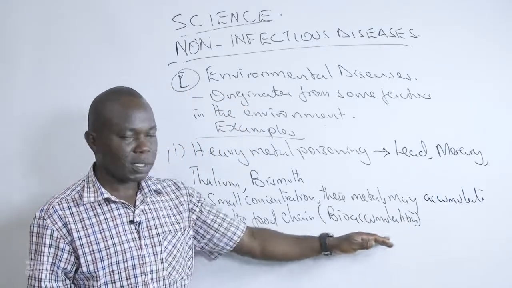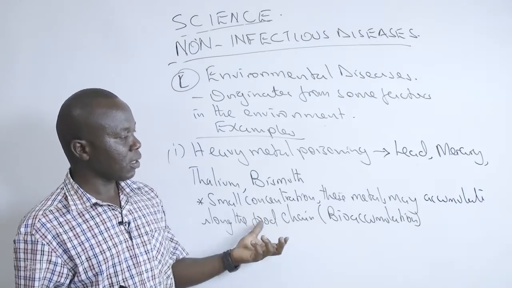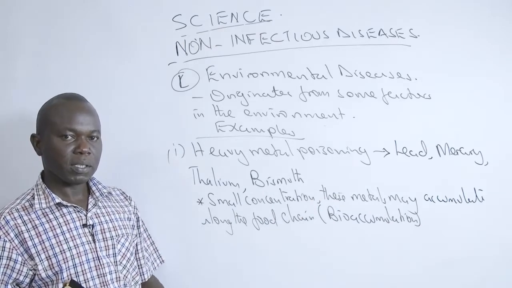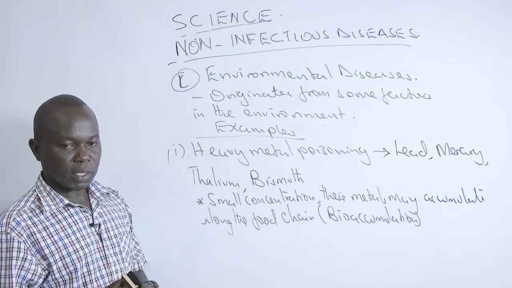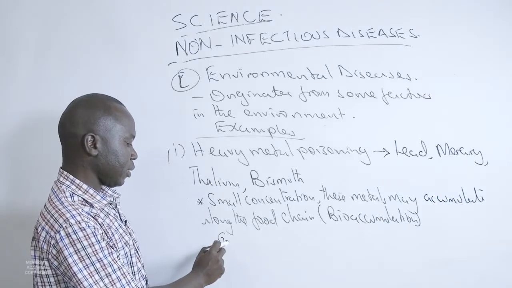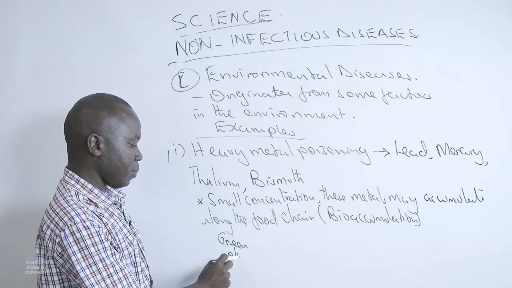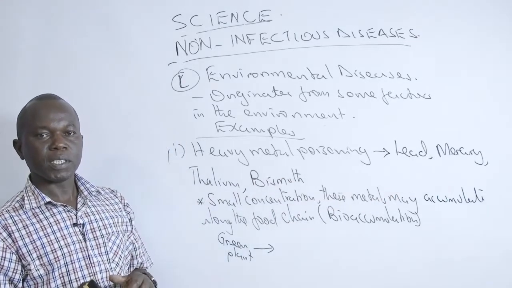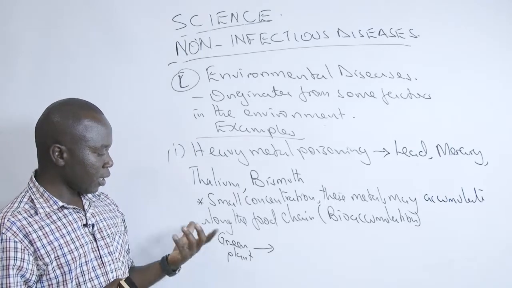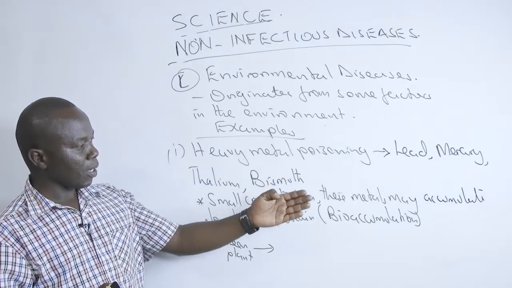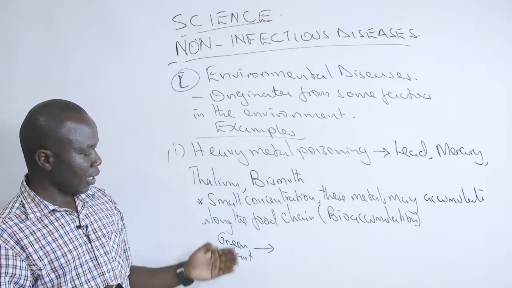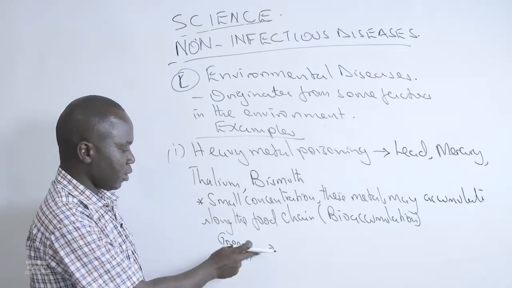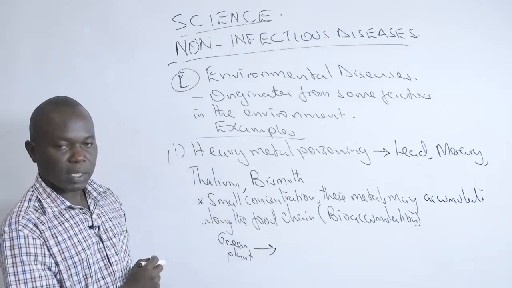So as they accumulate along the food chain, you realize that the concentration will be increasing from producers to the final consumers. In other words, if the lead and mercury have been deposited into the river system, green plants are going to absorb mercury, lead, thallium into their system. The metals will form part of the green plants.